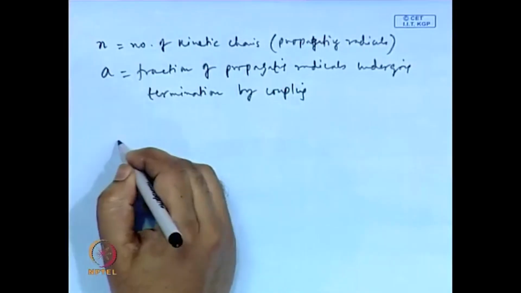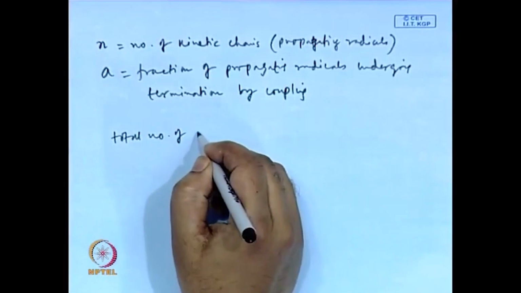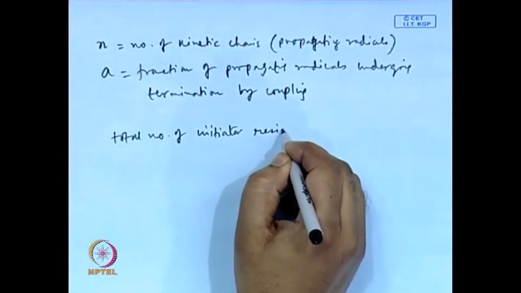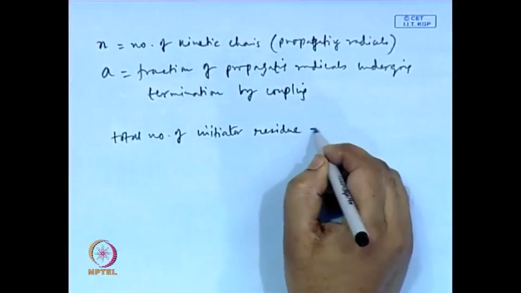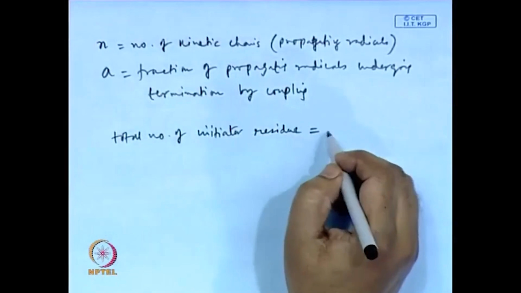Okay. So, the total number of initiator residues in the polymer sample: N is the number of kinetic chains, so each kinetic chain will have 1 initiator residue.